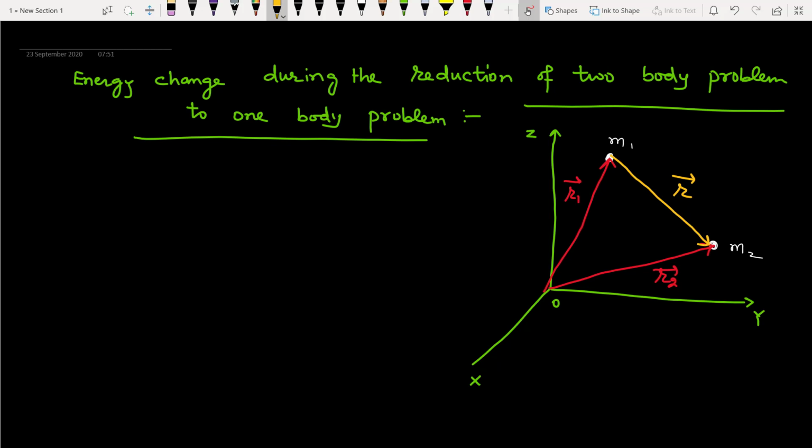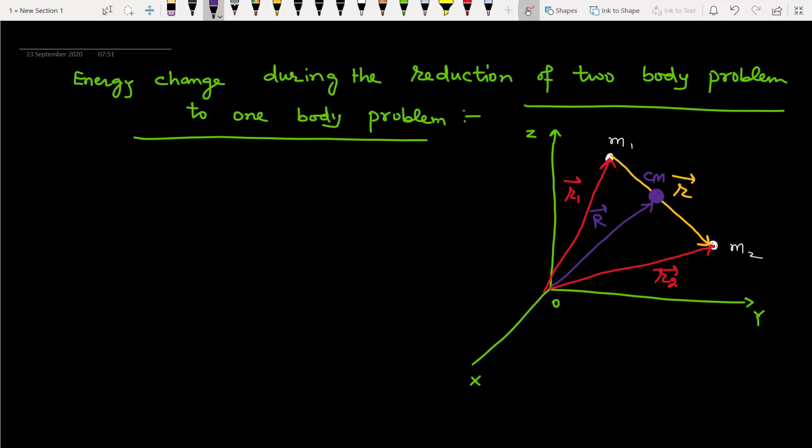As we have studied, the center of mass of the two particles lies in between them. Suppose this is our center of mass, at position vector capital R from the origin, and it lies between the two masses m1 and m2.